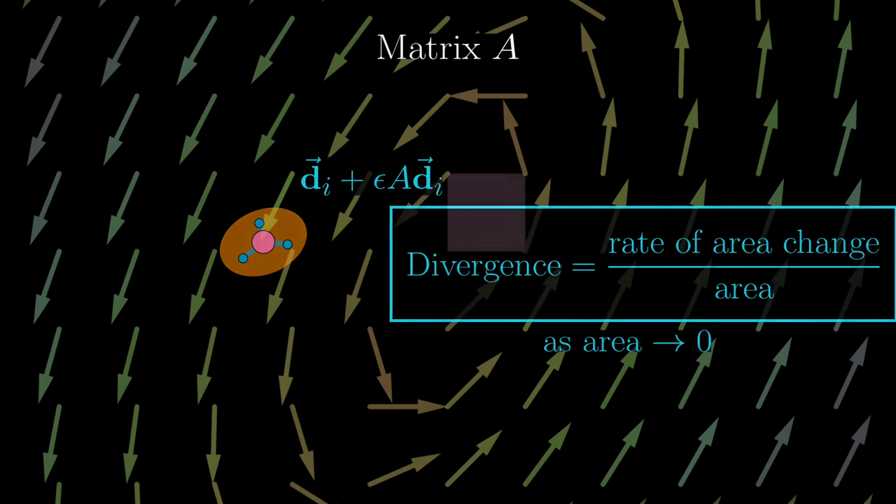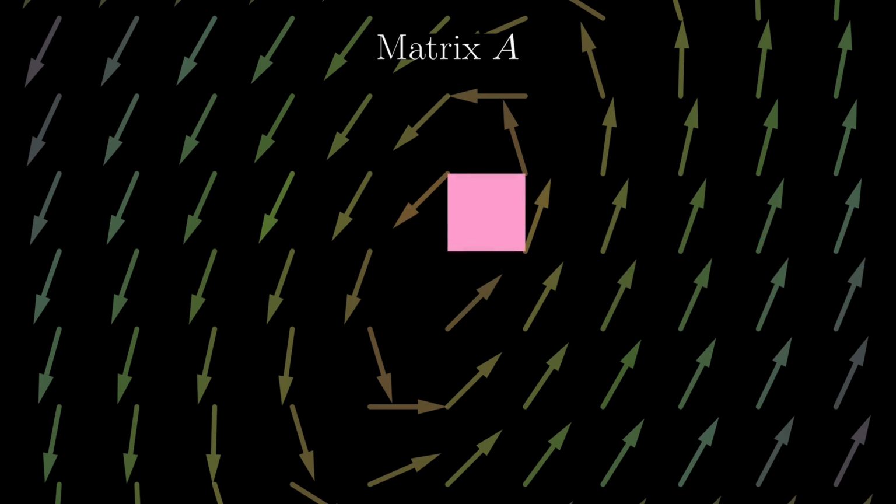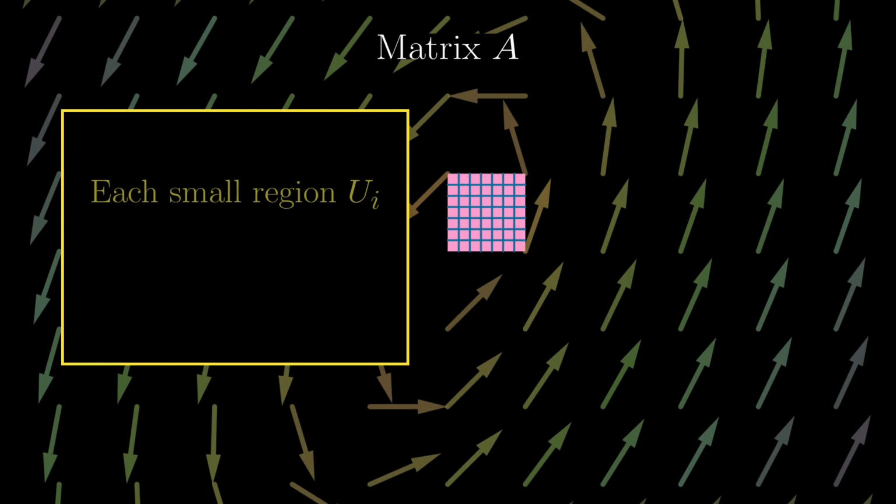This also means we can choose a convenient region to see how its area changes, and this region doesn't have to be infinitesimal either. This is because if we chop any normal region into very small ones, then from our intuition of divergence, each small region ui has its area changed from ai to ai times 1 plus epsilon times divergence after time epsilon.